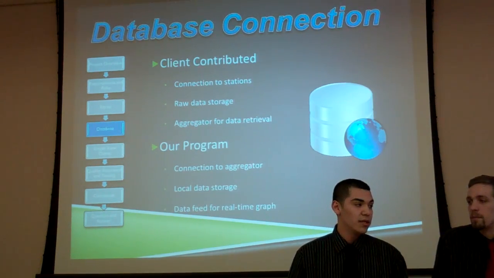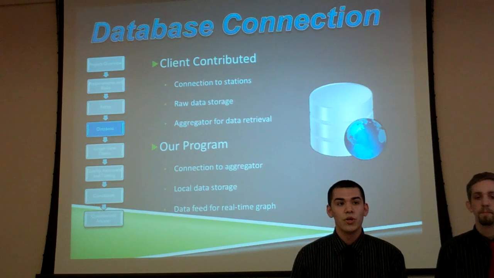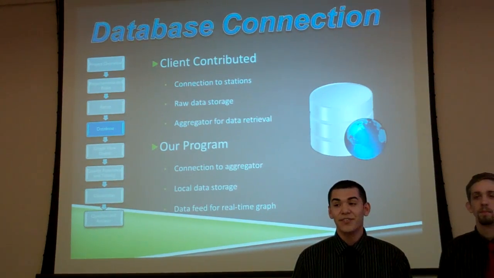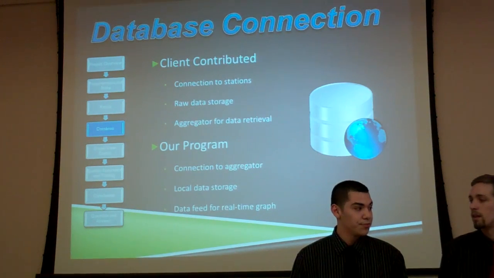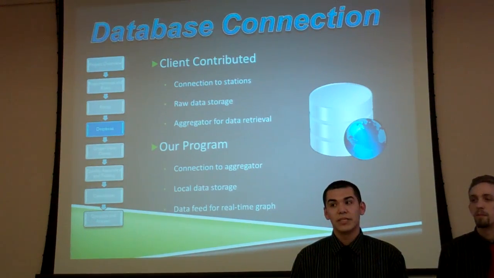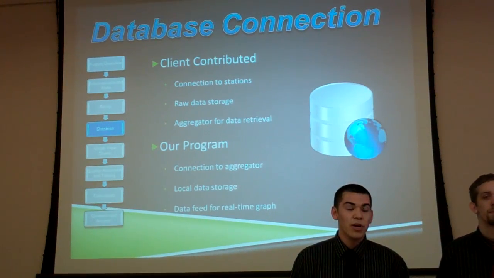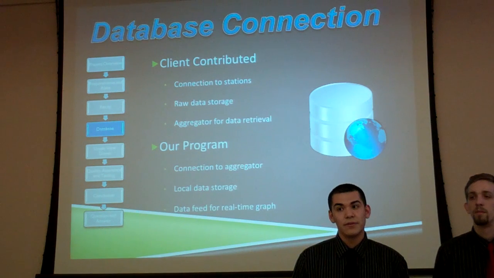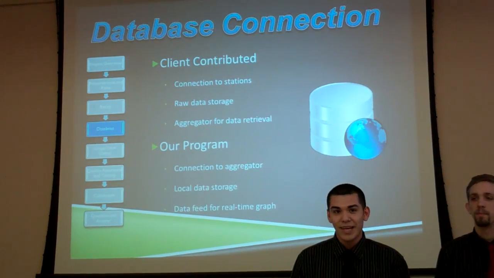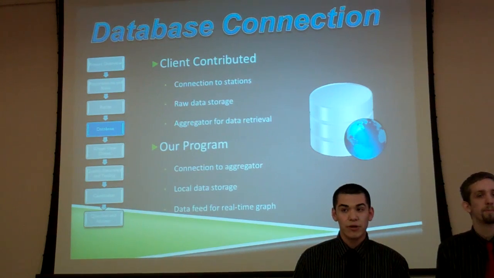They also had an aggregator system in place which allows them to query or get data from that server and pass it to whoever is needing it through the aggregator. So our program is then supposed to connect to this aggregator and store up to 24 hours of the data in our local database. From our database, the data is then passed along onto the graphs, and that is how we form our real-time graphs.